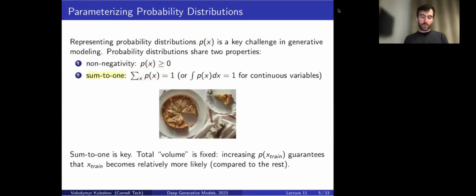This sum to 1 property, clearly we know that it has to hold for any probability, and it's also really important.